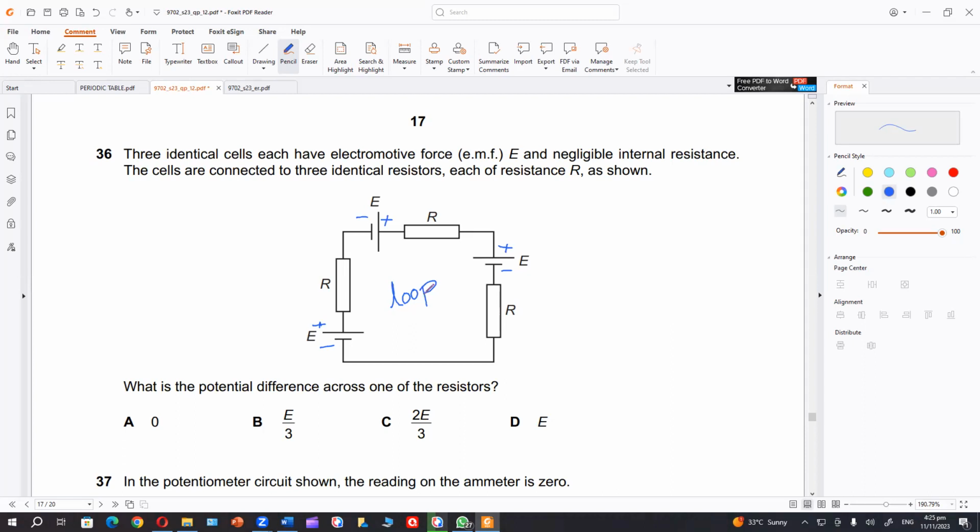So two cells are connected in opposite polarity. One cell is connected in like polarity. So we can work out the PD across one of the resistors.